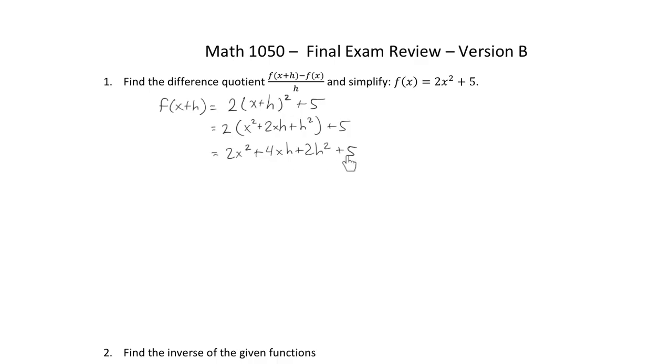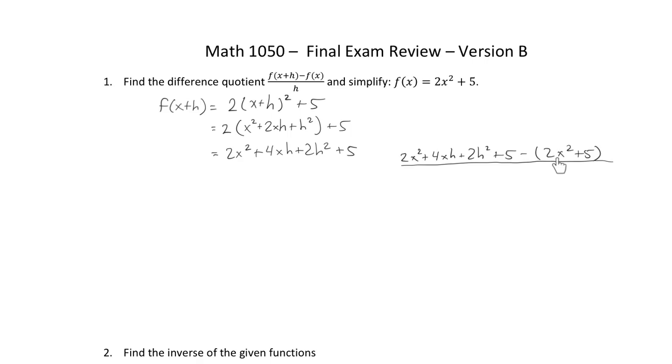Now this expression can replace f of x plus h on the top left part of that difference quotient. And then we subtract f of x. So if you subtract an entire function, remember that has to be done in a parenthesis.